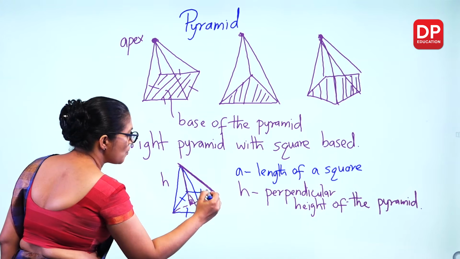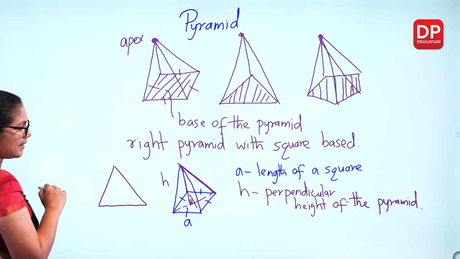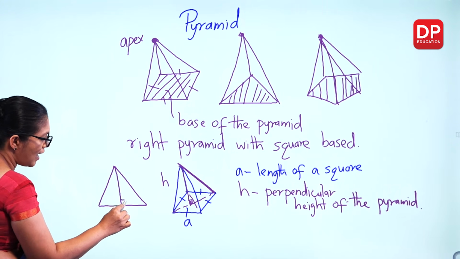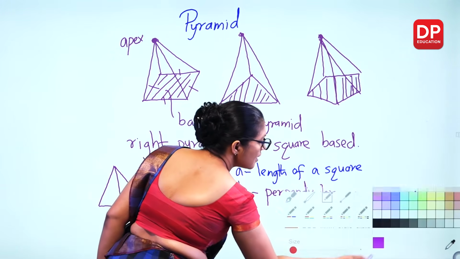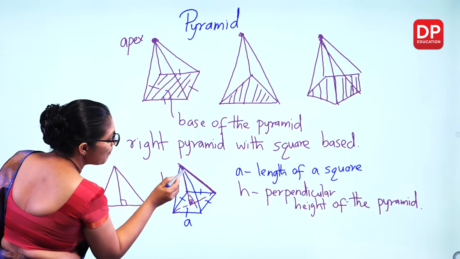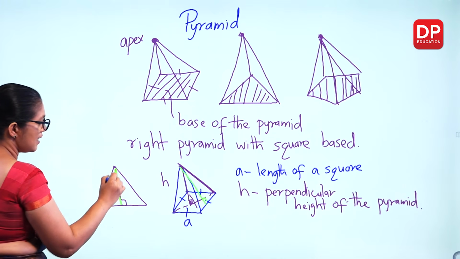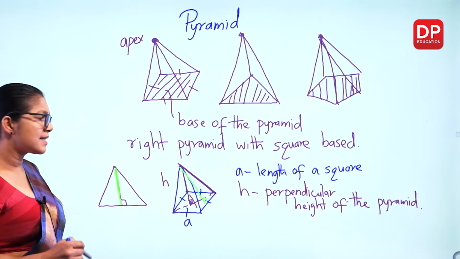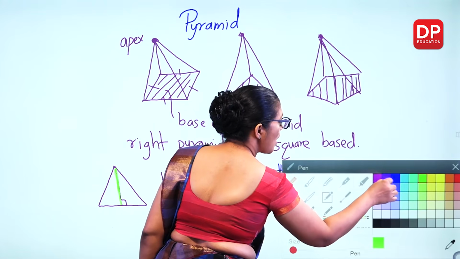And what about this one? When you take one face as a triangle, the perpendicular height is there. Here we can't draw it with a perpendicular line, so I'll draw it like this. The perpendicular height is somewhere here. So this is that height. What's the letter we can take?